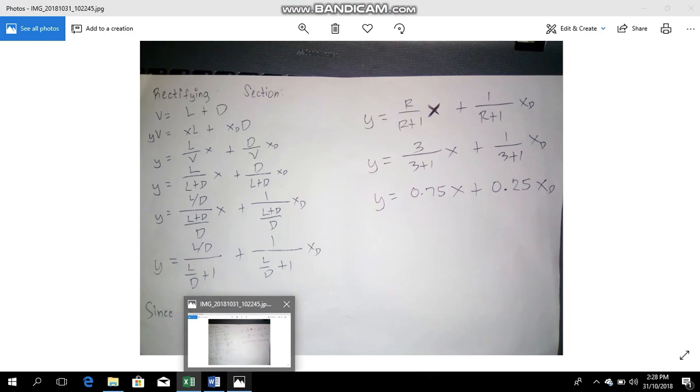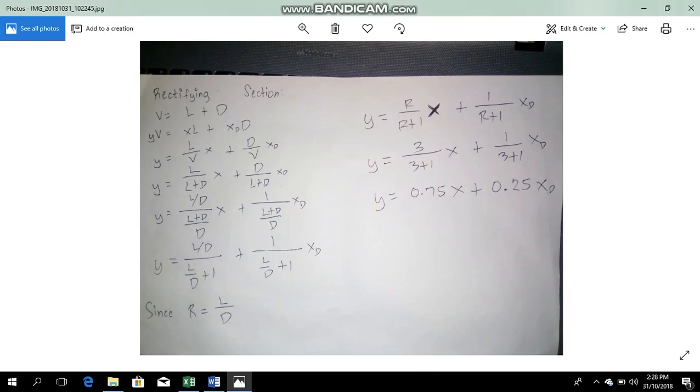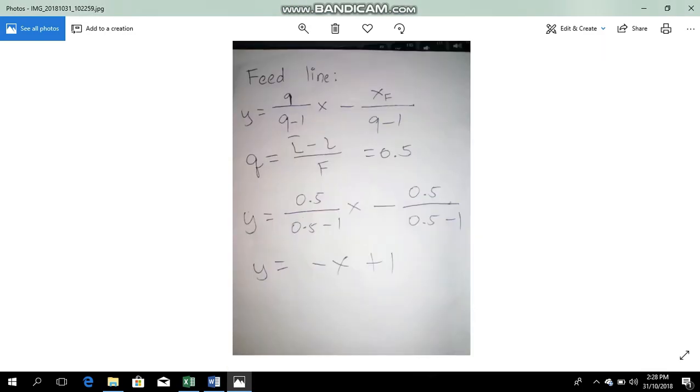And then we will go to our feed line. The equation of our feed line is y equals q over q minus 1 times x minus xF over q minus 1.